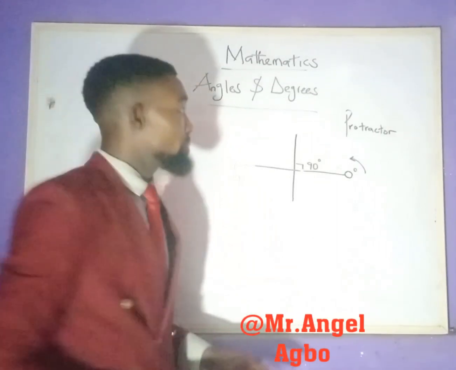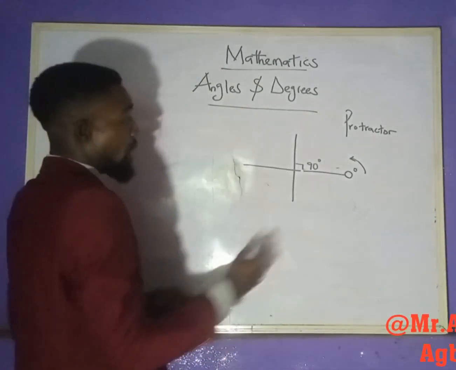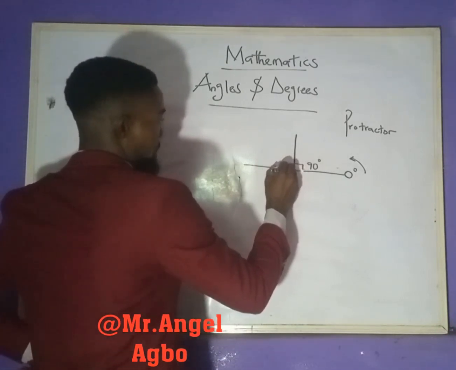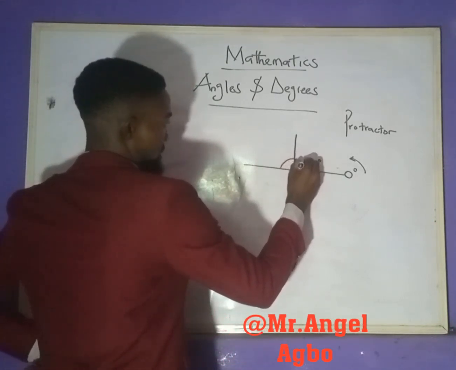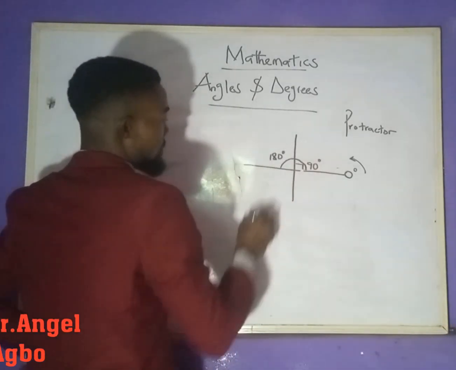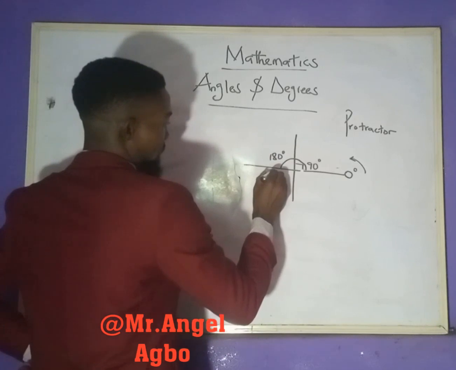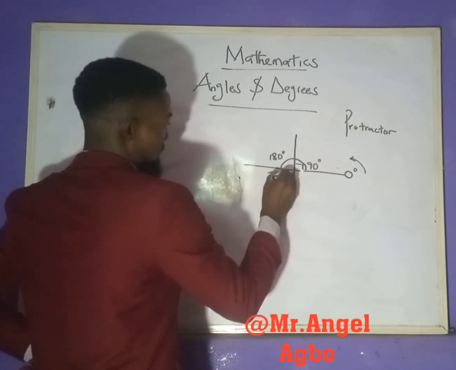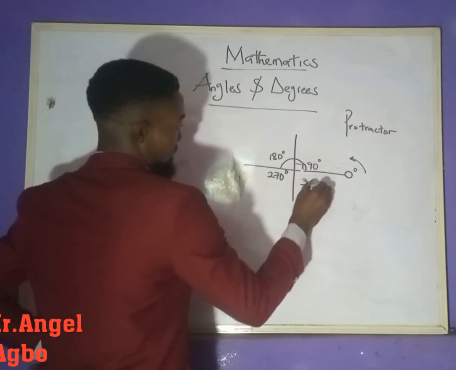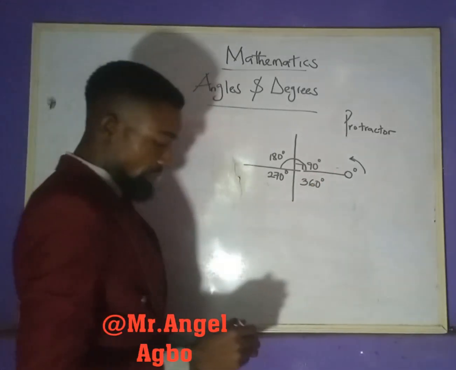We are going to that. Now you have 180 degree here. From that to this place, you have 270 degree, and you have 360 degree.